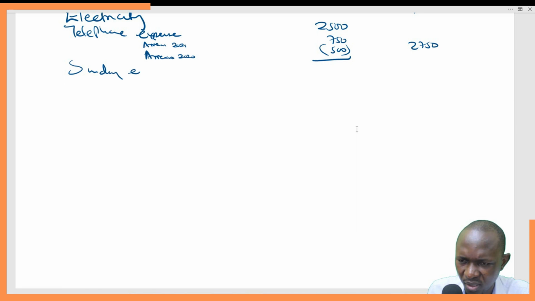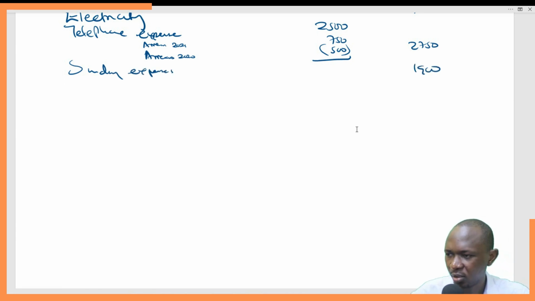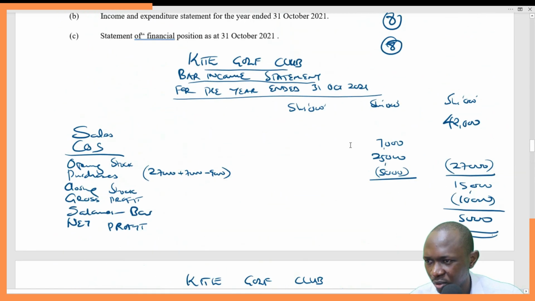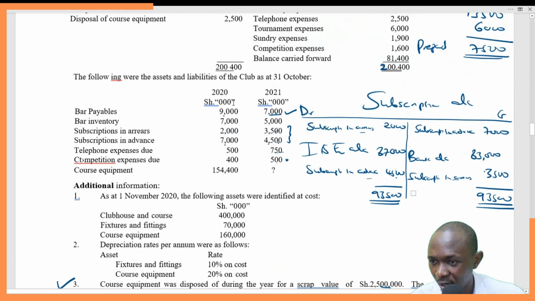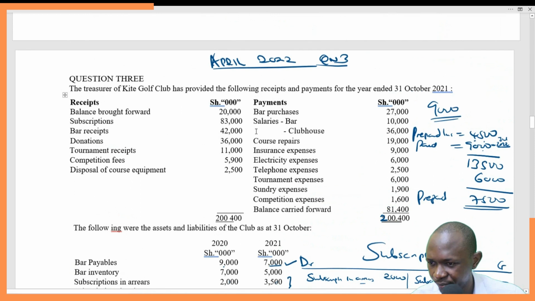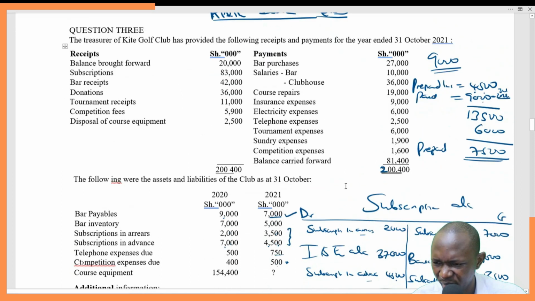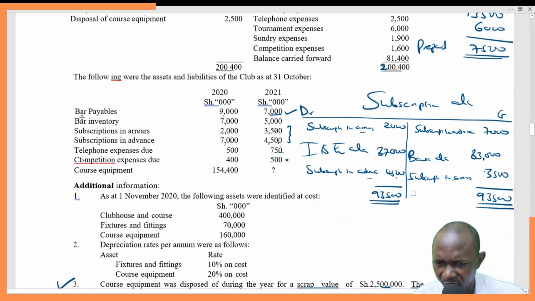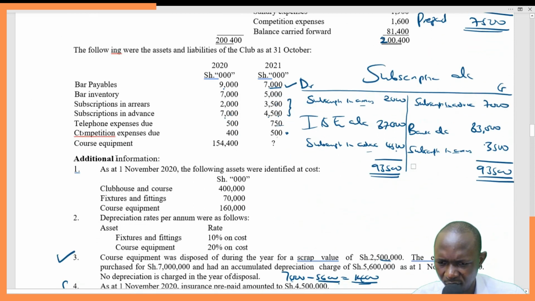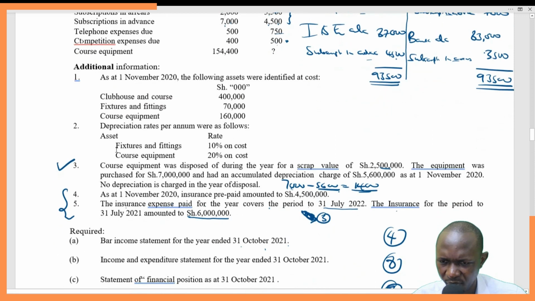Sundry expenses 1,900. Then let's continue with our journey. It's quite a long journey, but don't worry. Competition expenses, I think you've captured it. Then come back here by payable, subscription, telephone, competition. I think you've captured everything.